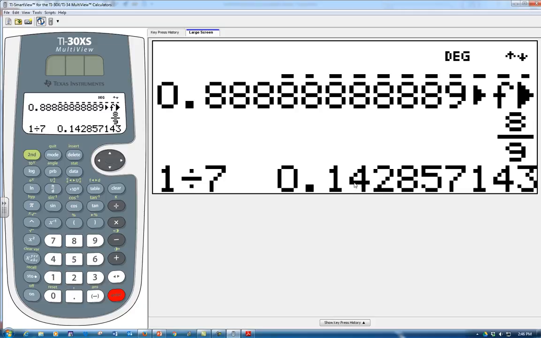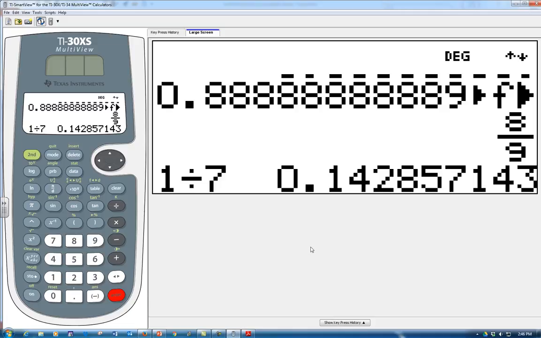Looks like 0.142, and then it starts repeating again and rounds right here. So we would put 0.142857, and we would draw a line over the 0.142857, that whole thing, because that just keeps repeating. That's how we show that it's repeating.